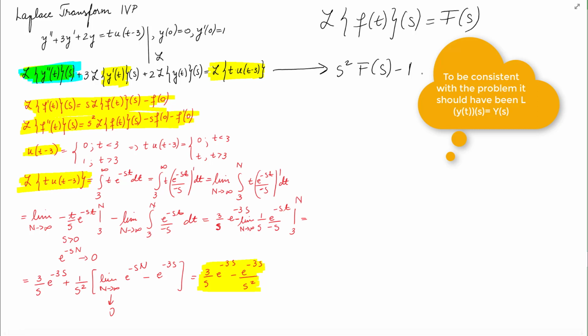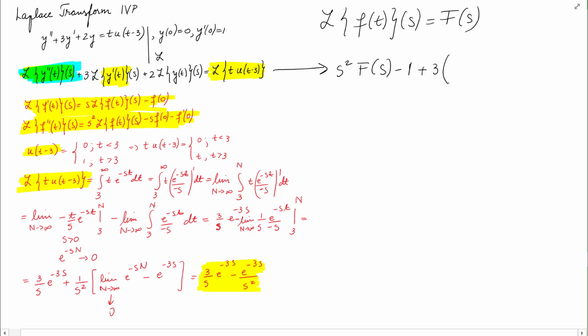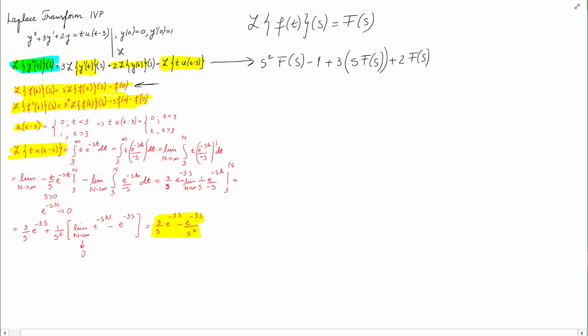Now let's go to the next one, plus 3 times the Laplace transform of the first derivative, which is this one: s F of s, and then minus f of 0, or y of 0, which in our case is 0, so I didn't need to put parentheses actually. Then plus 2 F of s, and that's the left hand side.